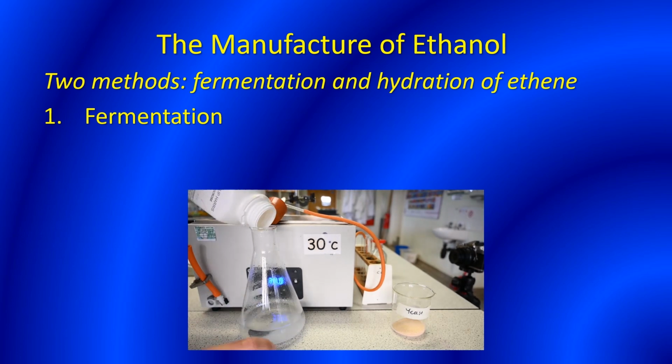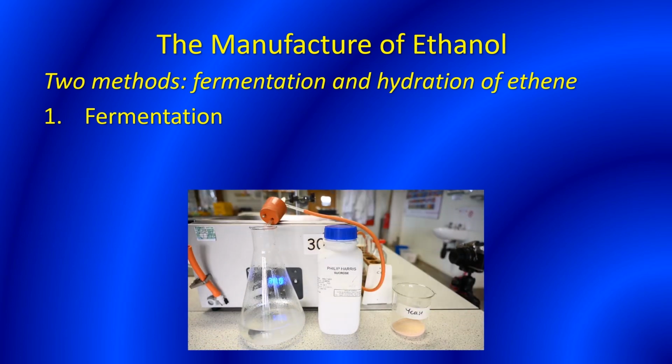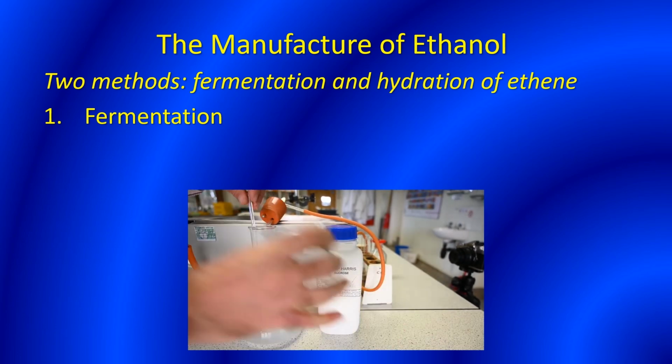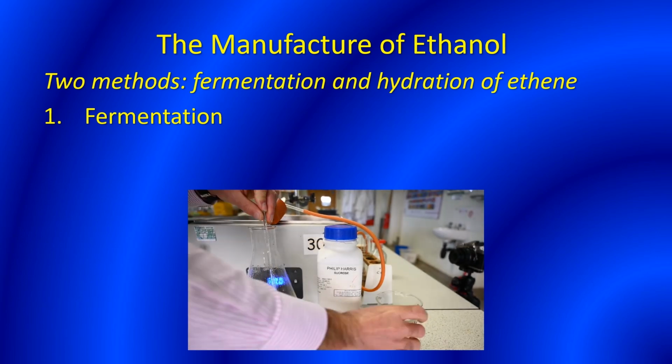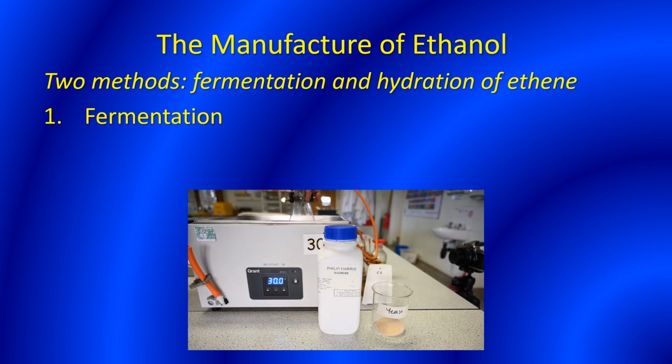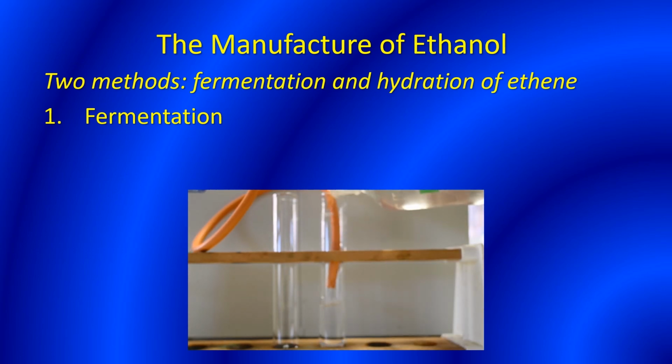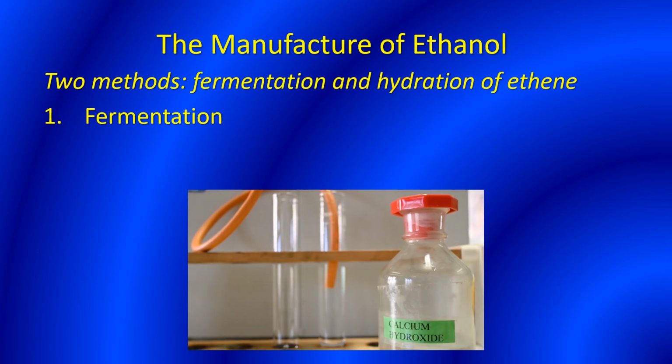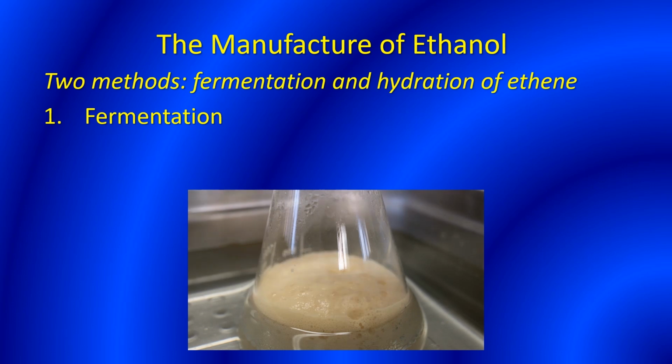To make ethanol by fermenting sugar solution, first of all we need to make a solution of sugar by dissolving the sugar in warm water. And then we add yeast, which contains an enzyme that does the fermentation. The mixture can then be placed in a water bath at about 30 degrees C to keep it warm enough for the yeast to work. Calcium hydroxide or lime water can be used to test for the presence of carbon dioxide.